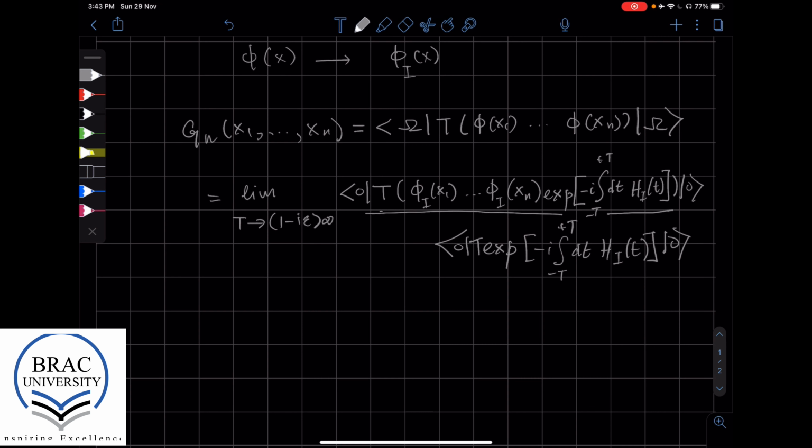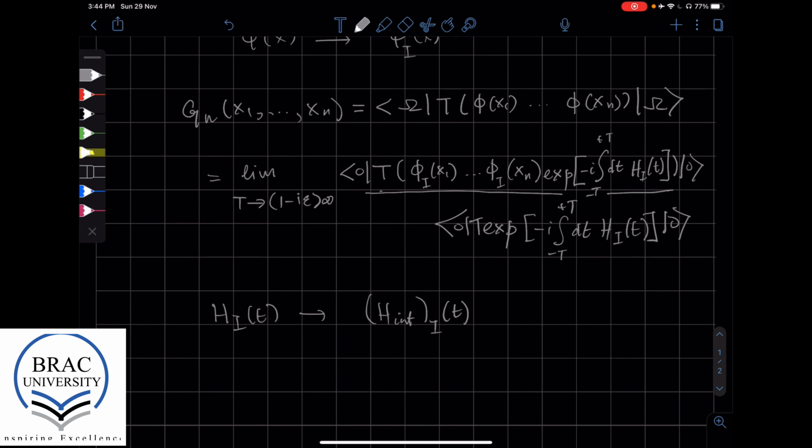So in this expression, by H_I of t, we mean the interaction Hamiltonian in the interaction picture, and that's a function of time.